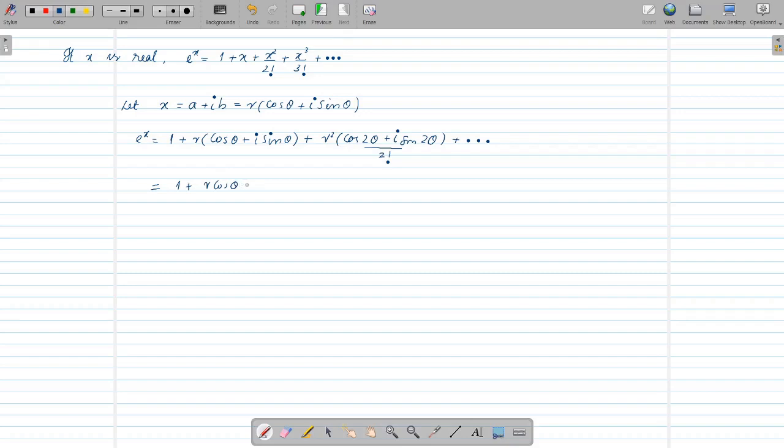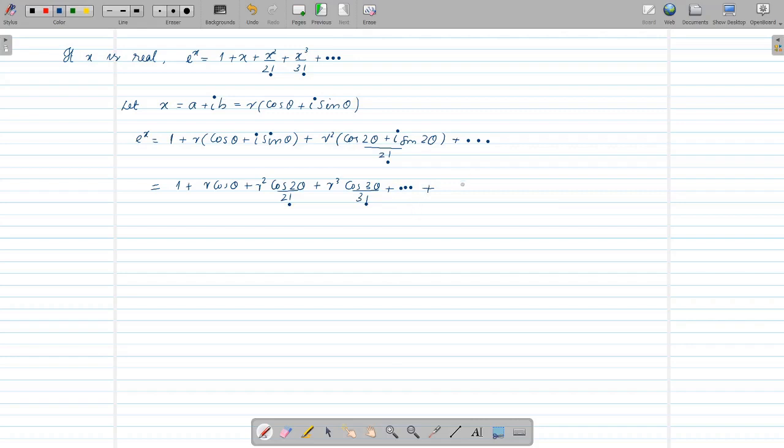I collect all the real part first, plus r square cos 2 theta by factorial 2 plus r cube cos 3 theta by factorial 3 plus etc.